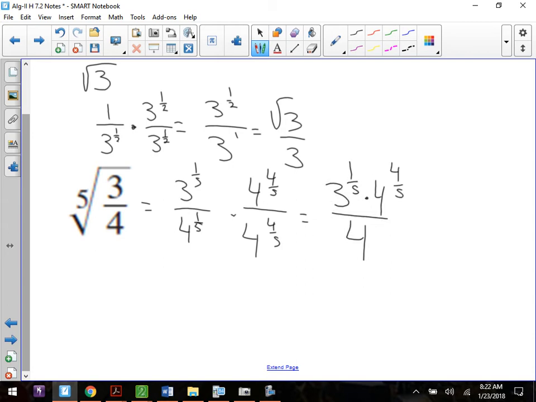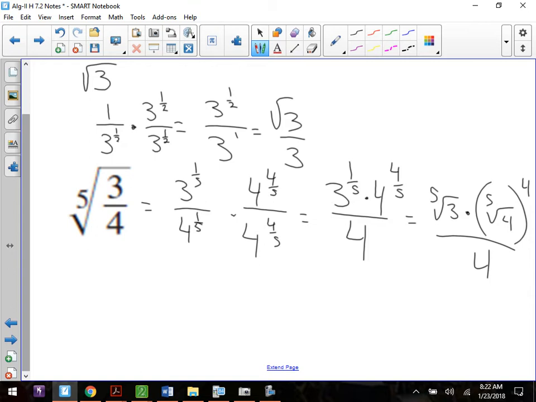If I put that back into nth root form, it would look like the 5th root of 3 times the 5th root of 4 to the 4th, all over 4. But usually, when you're rationalizing, I'm pretty sure we keep our exponents as fractions because it's one less step.